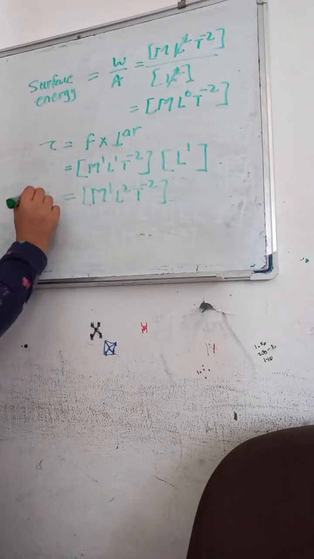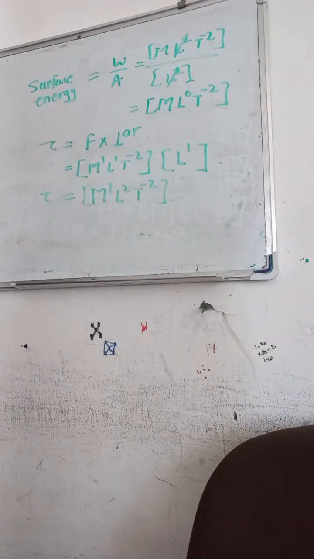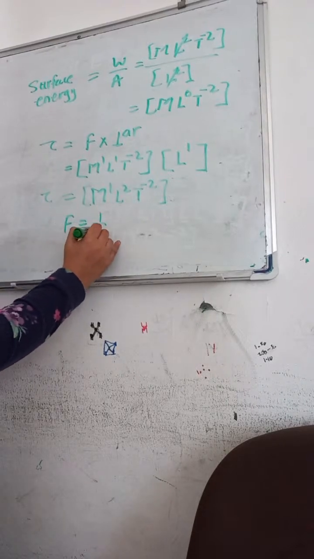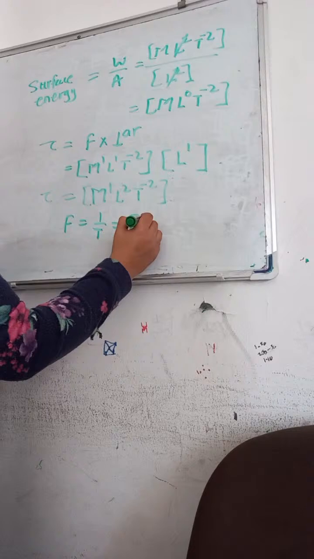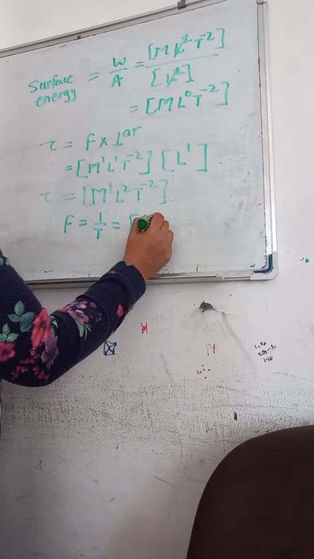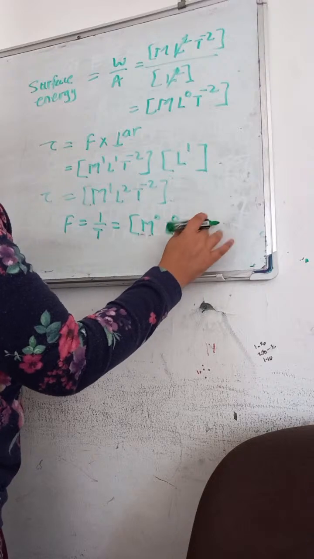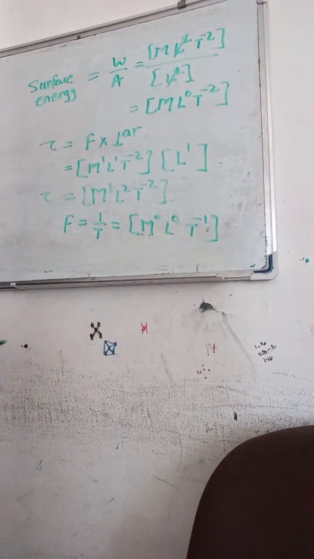So this is nothing but tau, torque, which is also known as a couple. Then one more we can do, frequency. Frequency, we know that it is 1 upon T. So frequency dimensions are m raised to 0, L raised to 0 and T raised to minus 1. So these are the dimensions for the frequency.